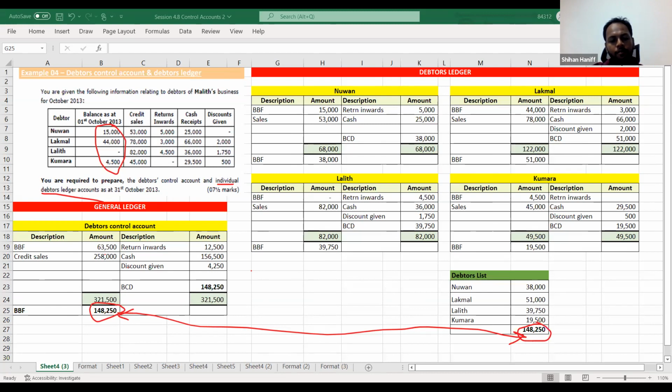Okay. Do you all want to do a creditors control account, or shall we directly move to the reconciliation part? Creditors control account is also the same as the debtors control account. You can prepare individual accounts and the total yourself.